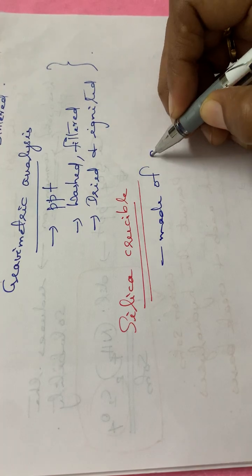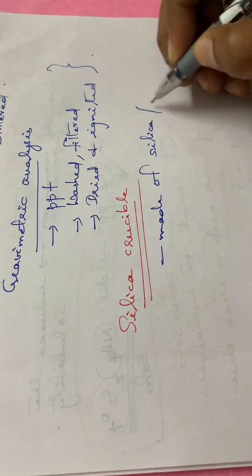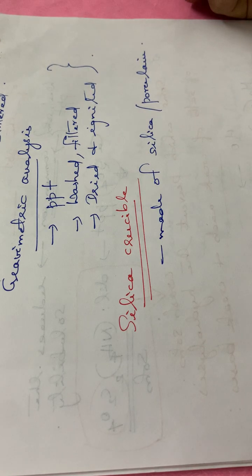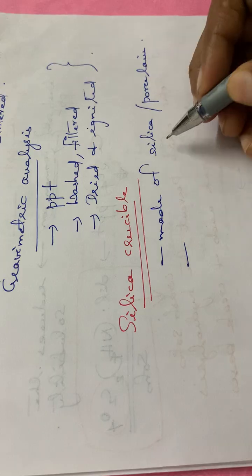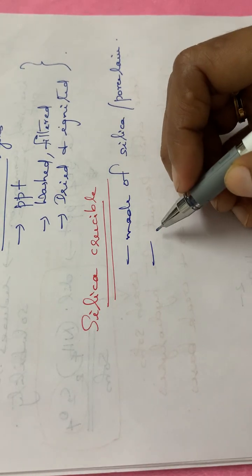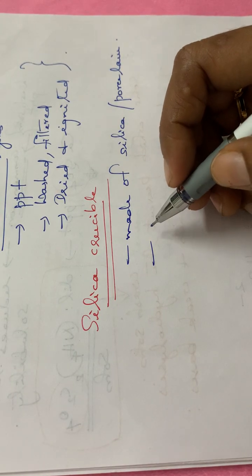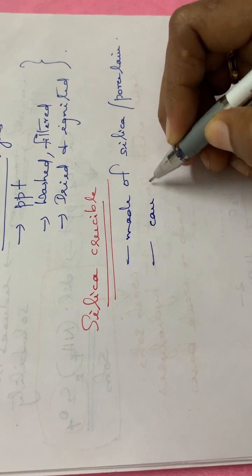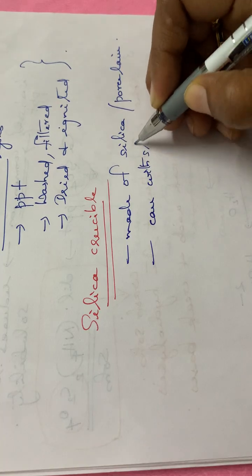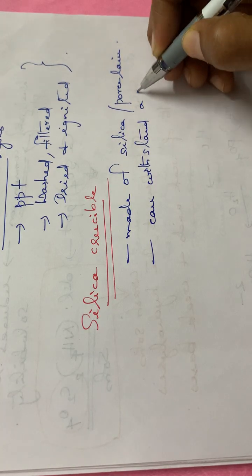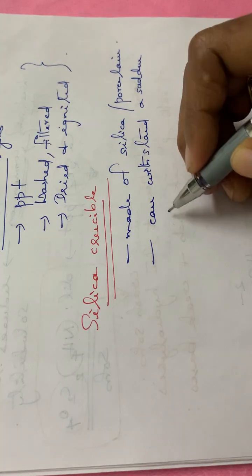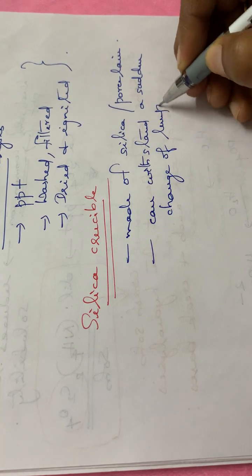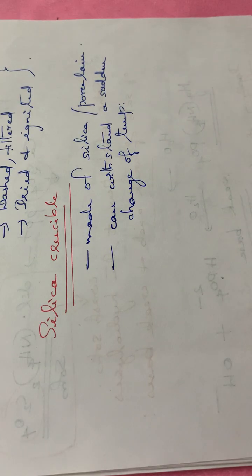And the peculiarity of the silica crucible is that it can withstand a sudden change of temperature, and it can also withstand a very high temperature. That is the peculiarity of this silica crucible.